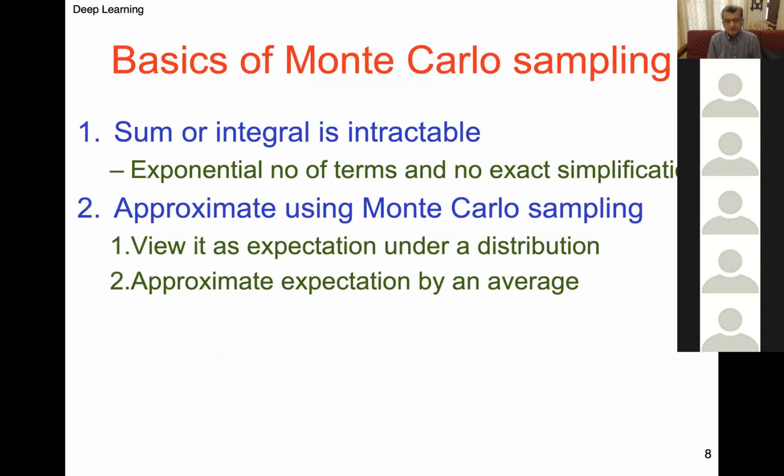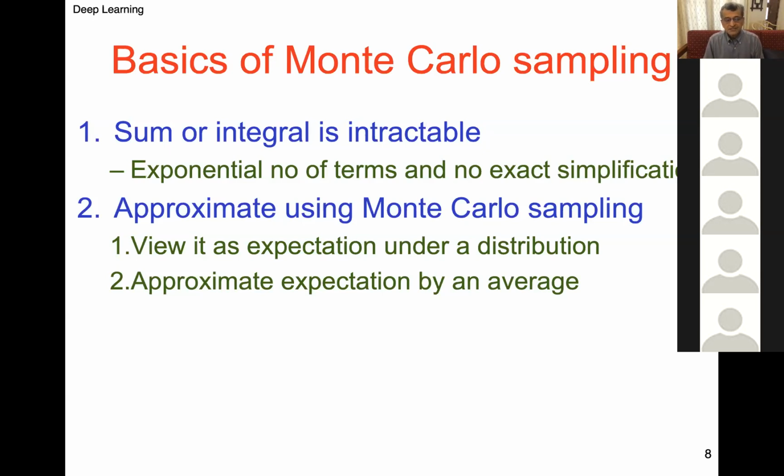Some of the basics of Monte Carlo sampling: a sum or integral is intractable. Machine learning involves both differentiation and integration. Differentiation because of backpropagation, which is what the entire backpropagation learning is based on. Integration comes about because we are usually applying Bayes rule, which involves determining a distribution. To determine a marginal distribution, you have to sum out all the other variables in a joint distribution.